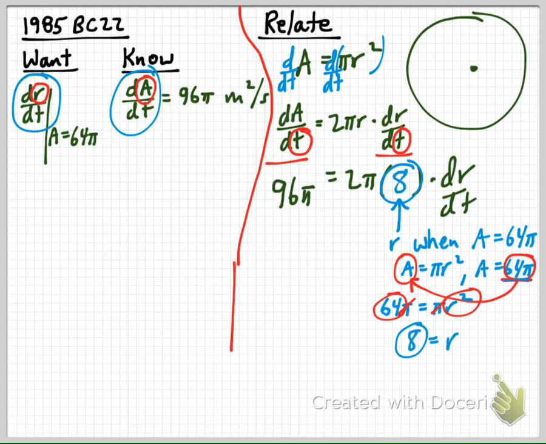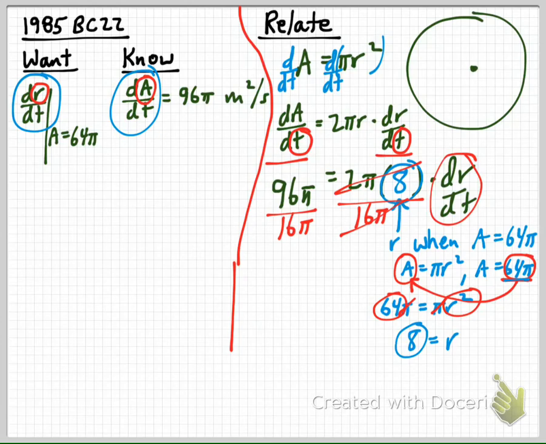Now we can see that we can go ahead and divide, because all we want is our dR/dt at this moment. So all we have is constants for the rest of it. We're going to take our 8 times 2 times pi, and we're going to call it 16 pi, so we can divide both sides by that. And we know that 8 times 2 times pi and the 16 pi, those cancel each other out.